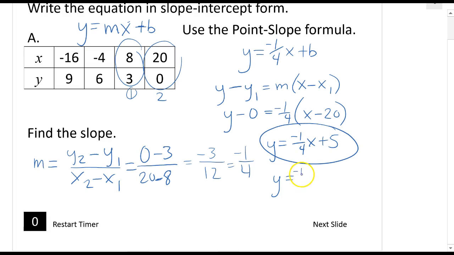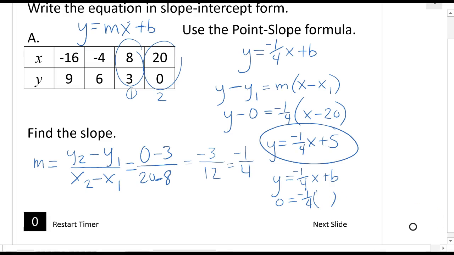there's actually a couple ways you can attack this particular problem. Take this plus b, and then you can plug in one of the points into this equation that you have, because you know an x and a y value, so the y here could be 0, and then an x value when the y is 0 is 20.